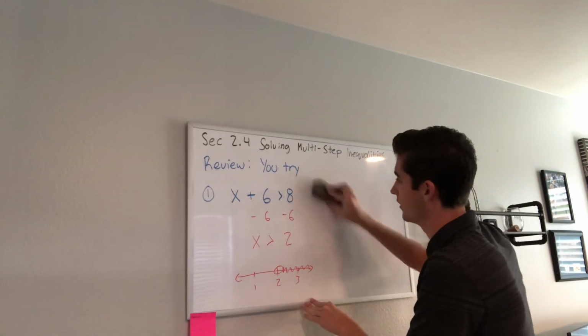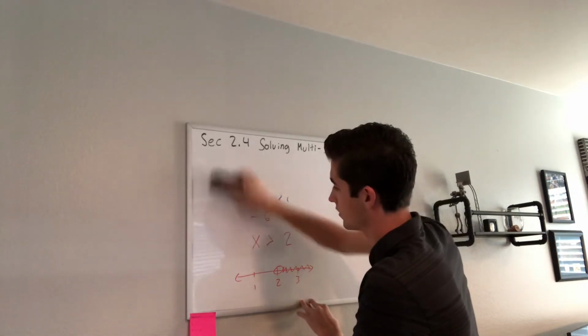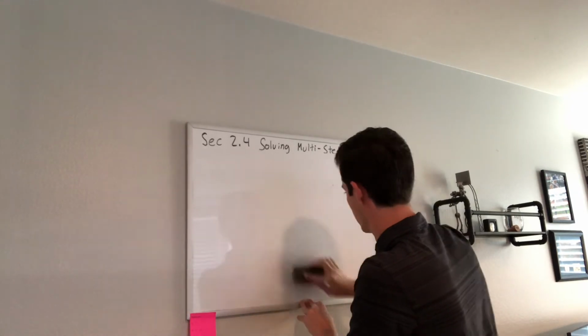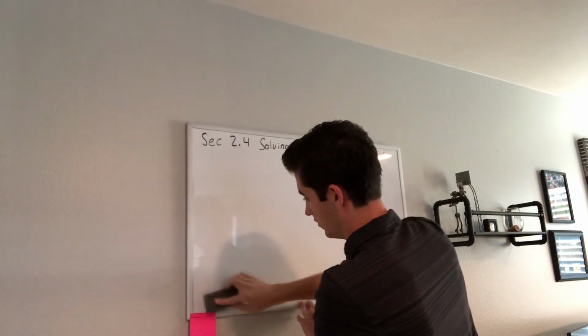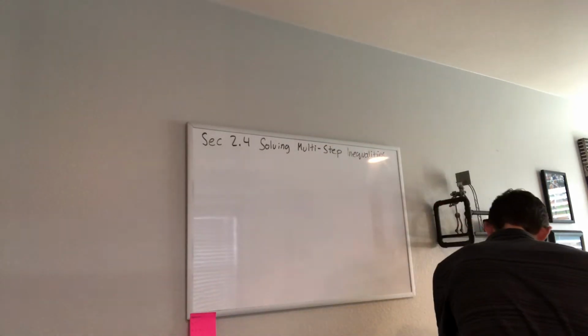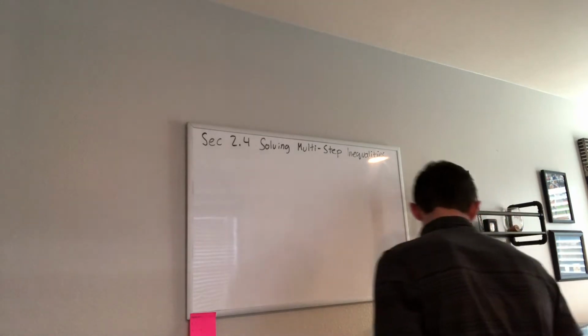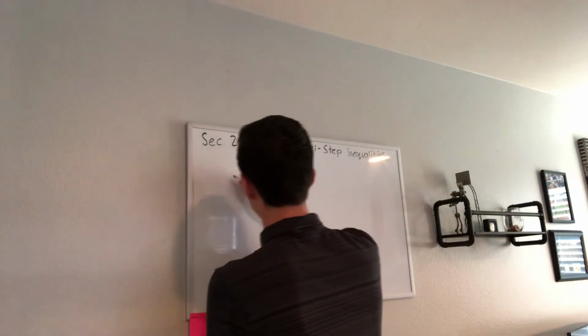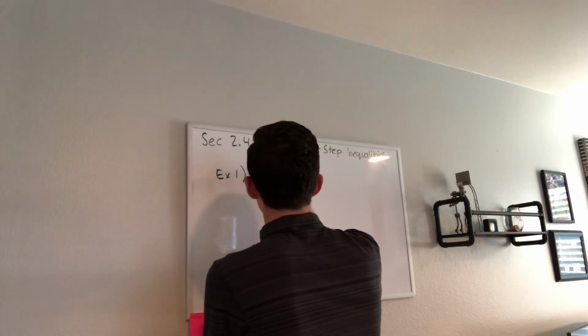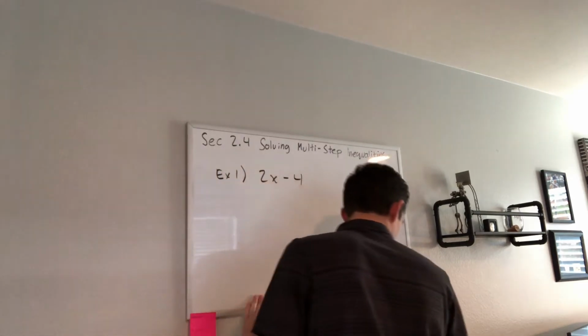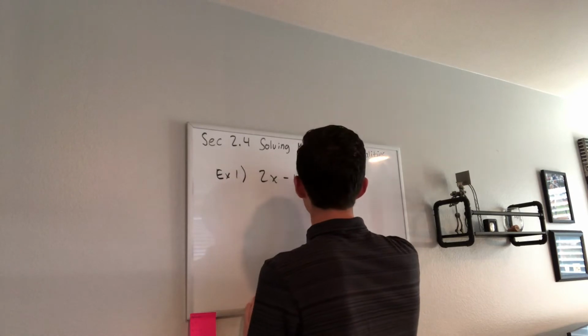I can erase this. So example number 1. 2x minus 4 is greater than or equal to 8.